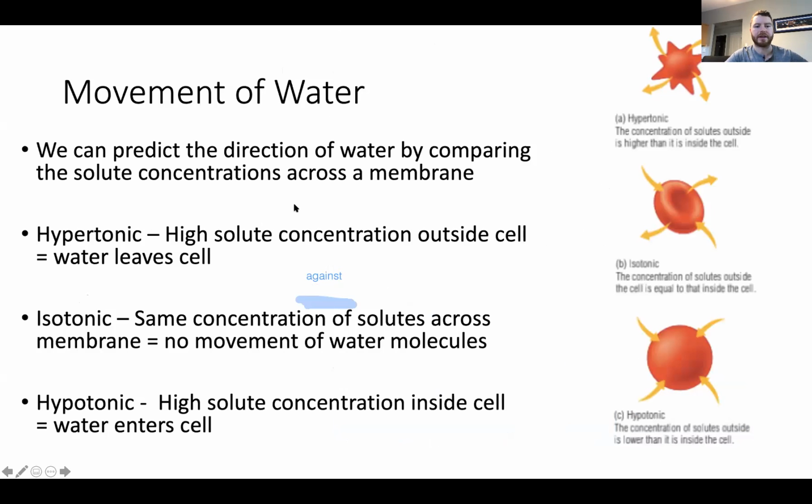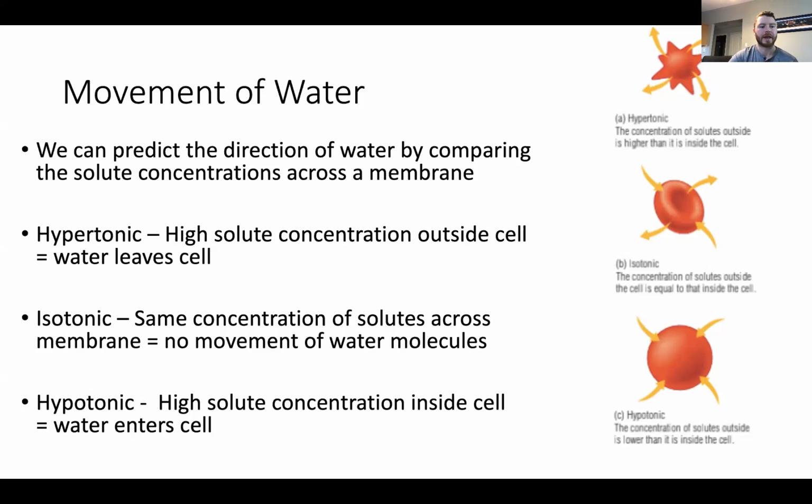All right. So we can kind of predict the direction of water by comparing the solute concentrations across a membrane. So if it's hypertonic, so this is relative, this is comparing the solute concentration outside of the cell to the solute concentration inside of the cell.